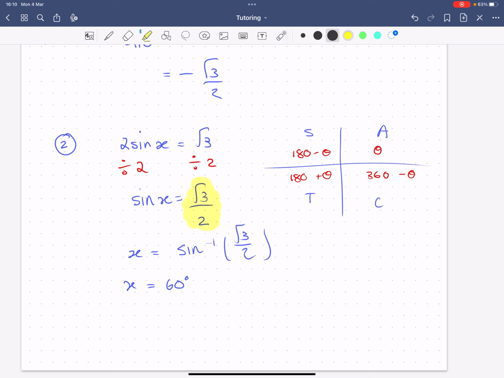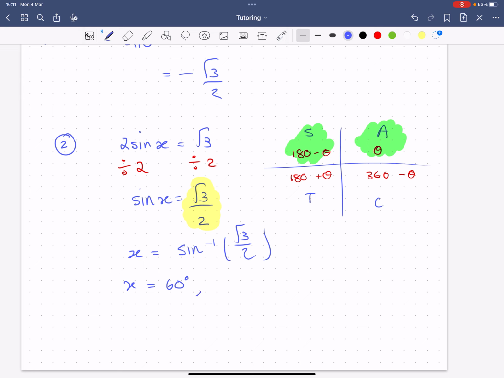Of course, we know it's 0.866, a positive number. So we have to think, where is sine positive? Well, obviously the first quadrant, but also the second quadrant. That's because in our stations, the S stands for sine being positive. The reason we're looking for positive sine is because root 3 on 2 is a positive number.